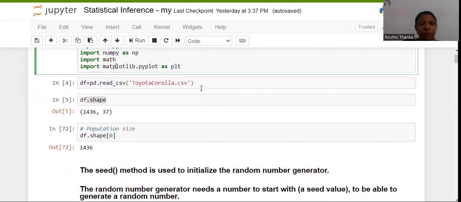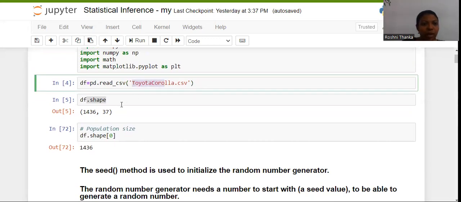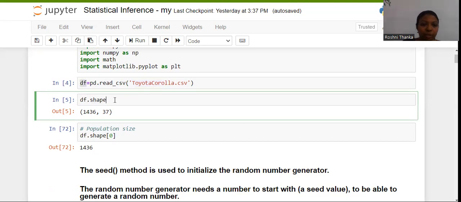The first thing I'm going to do is read my data set, which is in the form of CSV. After reading my data set, which is in the data frame format, I'm going to find the shape. The shape property helps me find the number of rows and columns available in the data set. Here the number of rows is 1436 and the number of columns is 37, which means 37 features are there.